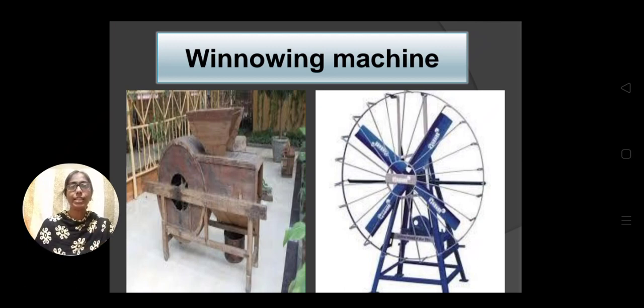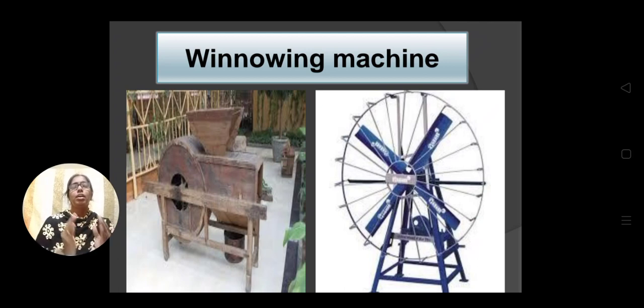So what is the difference between winnowing and threshing? Threshing means separating the seeds from the chaff. After separation from the chaff, winnowing is the method in which the chaff is separated from the seed. These two are just opposite definitions.